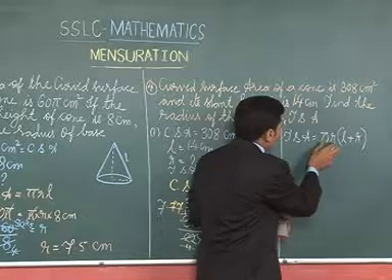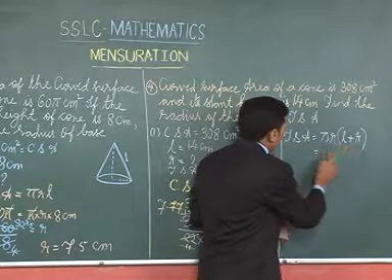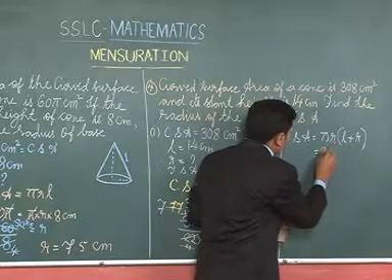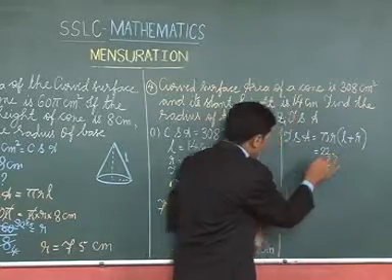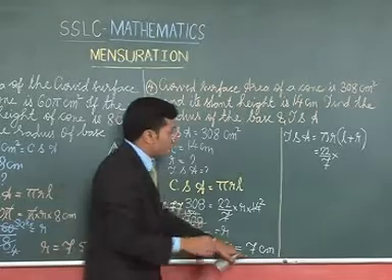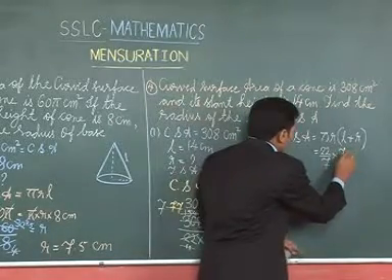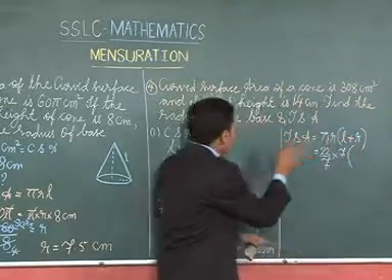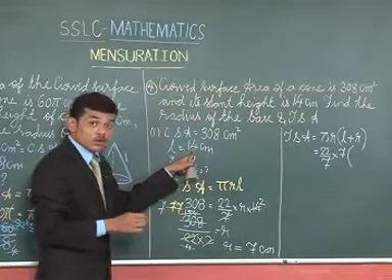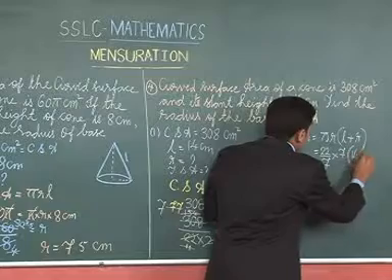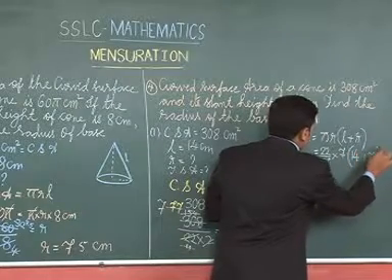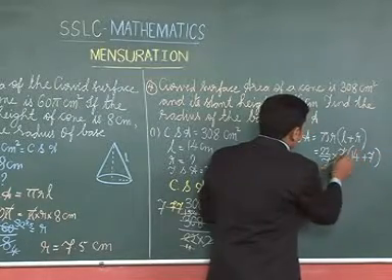TSA is equal to pi r times L plus r, where pi is equal to 22 by 7 and the radius we have already found, it is equal to 7 centimeter. So write it down here, 7 into L. L, what is the value of L? It is 14 centimeter. So write it down, it is 14 plus the radius is again 7. Now 7 get cancelled.